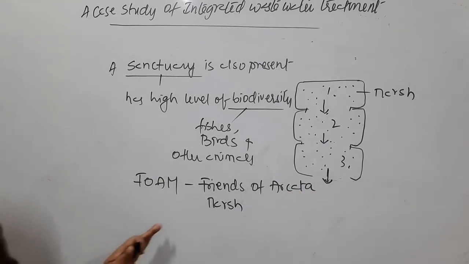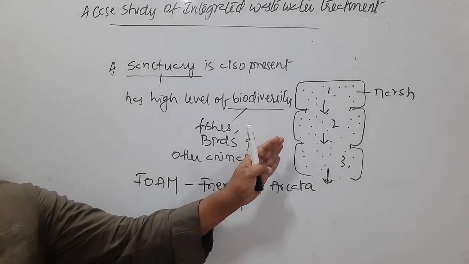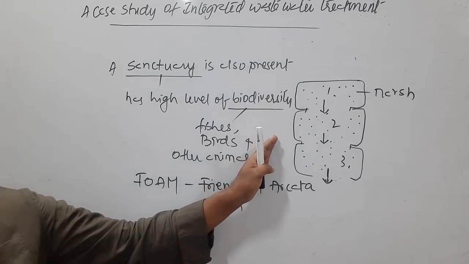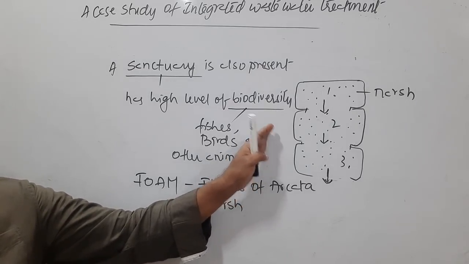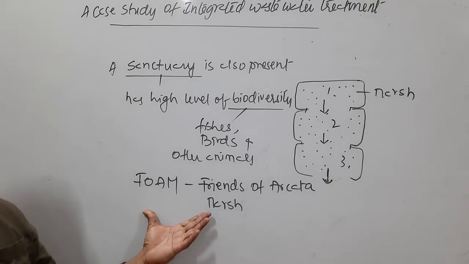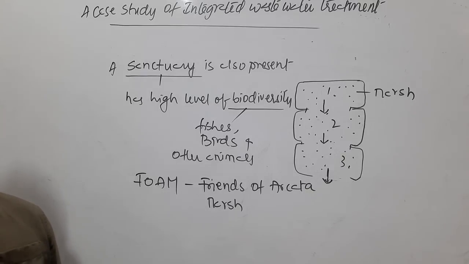And these people will be responsible for keeping this sanctuary, and also maintaining these six interconnected marshy areas, safeguarding the whole project. So that is the duty of FOAM, Friends of Arcata Marsh.